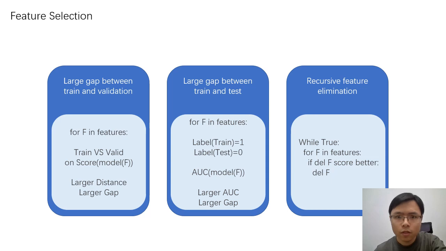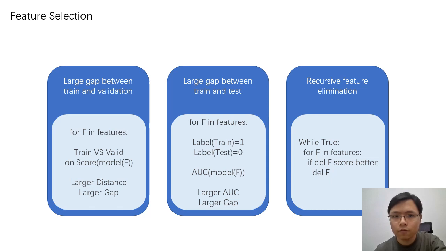We can choose one feature and suppose the label of the train set is 1 while the label of the test set is 0. We can use this feature f and the fake label to train a model. And when AUC is much larger than 0.5, this feature f may have a leakage, or it is a bad feature and we will not use it.